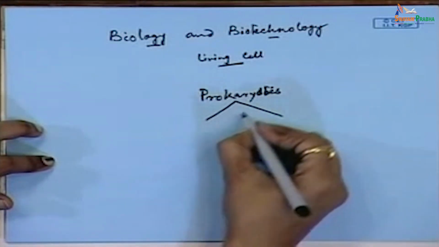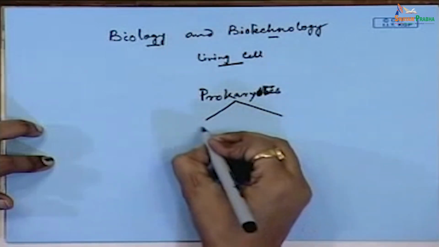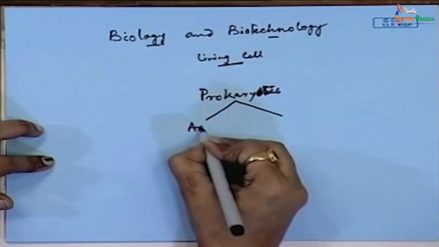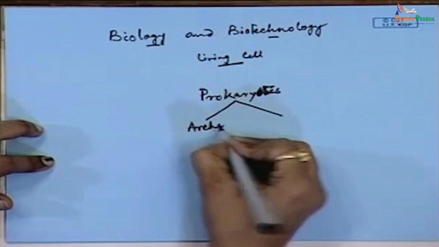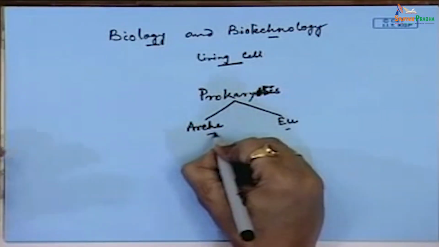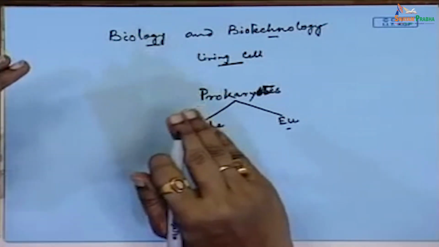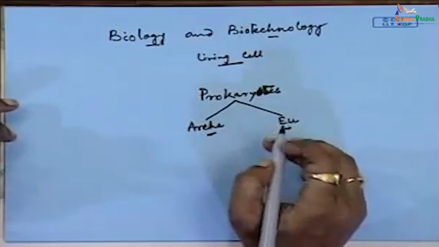One is called the Archaebacteria, another is the Eubacteria. Archaebacteria is considered to be the most primitive type of bacteria, which is otherwise known as the extremophiles. Eubacteria is the true bacteria.